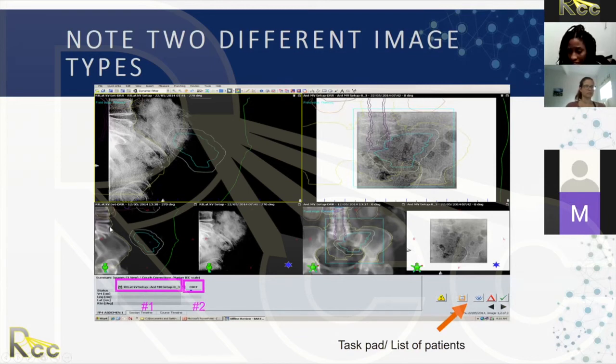Again, as I mentioned earlier during the talk, you've had your planner burn the contours onto your DRR so that they pop up for you when you look at your treatment imaging. Essentially, you can see whether or not your treatment image looks similar to your DRR. You can see that they're very similar. The bones have been outlined in this particular situation because you're not able to see your actual target volumes.